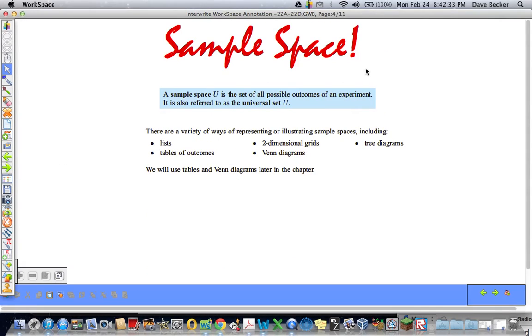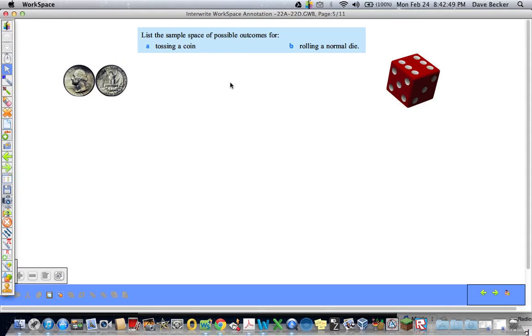What is sample space? Well, sample space is a set of all possible outcomes of an experiment. It's also referred to as the universal set U. And there are lots of different ways we can list sample spaces. For example, list the sample space of possible outcomes for tossing a coin. Well, tossing a coin, you can get heads or you can get tails.